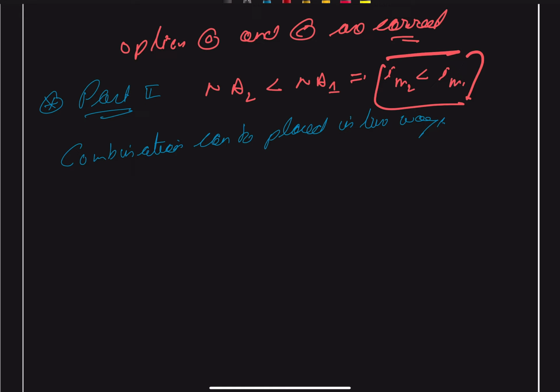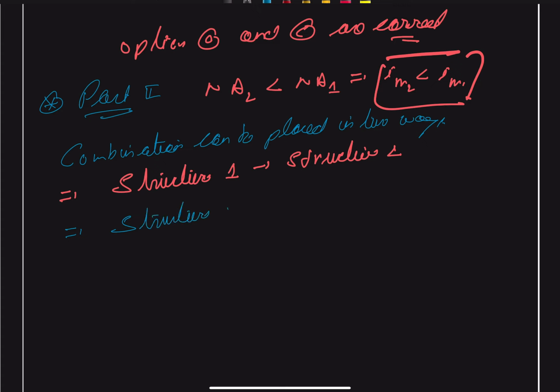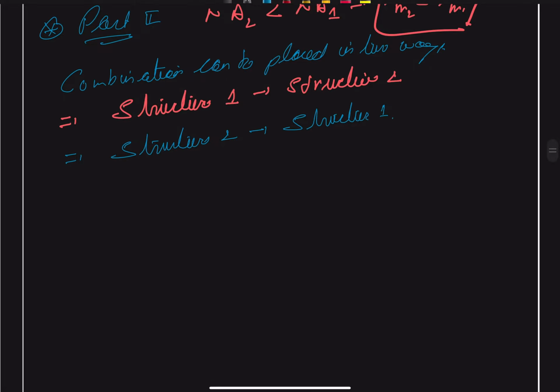In the first way, we have structure 1 and then structure 2. And in the second, we have structure 2 first, and then structure 1. And under this you can consider both the conditions.